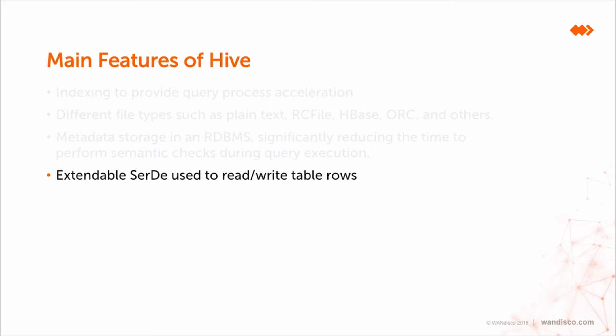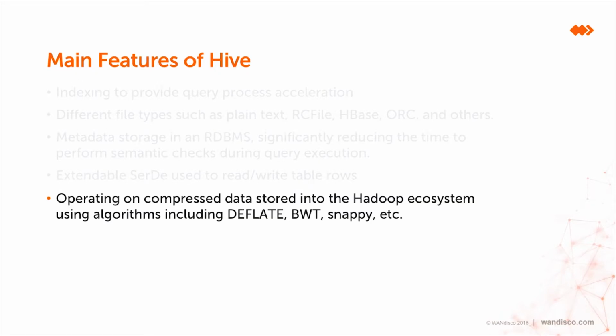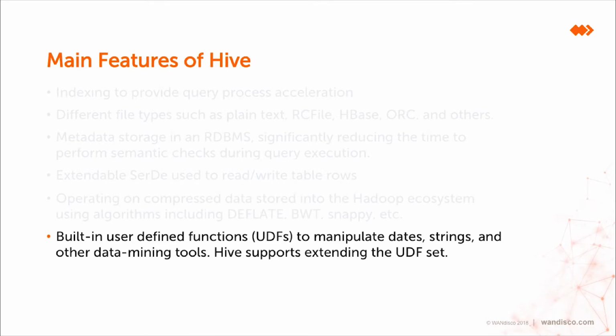There's extendable serialization and deserialization used to read and write table rows. Operating on compressed data stored in the Hadoop ecosystem using algorithms including deflate, BWT, and snappy, etc. So these are the types of operations you can perform on compressed data that is stored in the Hadoop ecosystem.